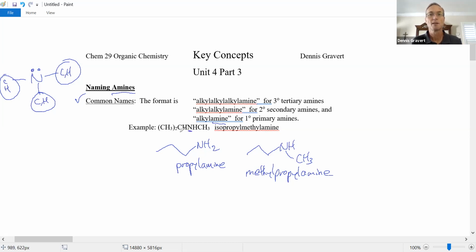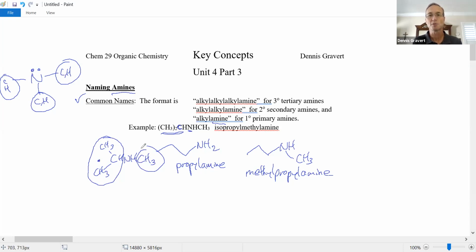Here's a nitrogen. You have to stare at this group a little bit to realize, oh, there's a carbon connected to 2 methyls. And then you have the NH, and then you have another methyl. Okay, and then so you have these 2 groups connected to nitrogen.